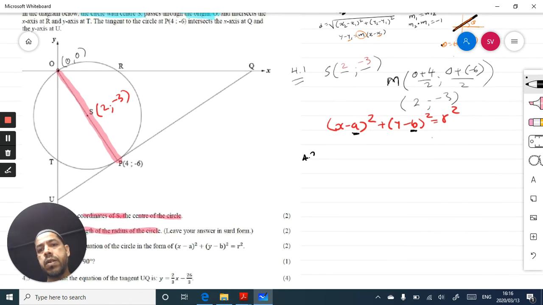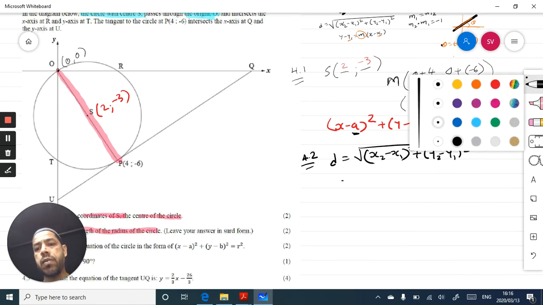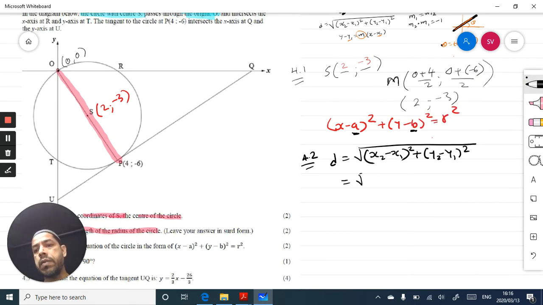So if I work with the distance formula, distance is the square root of x2 minus x1 squared plus y2 minus y1 squared. Be careful, please copy the formula correctly, which will be given to you. Anyone can be my x2 minus x1.